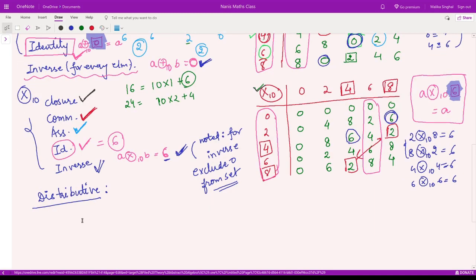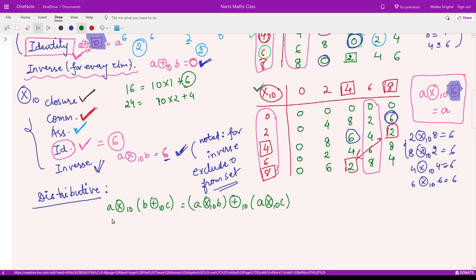The distributive property in this case would be A multiplication modulo 10, B addition modulo 10 C. This should be equal to A multiplication modulo 10 B plus, sorry, addition modulo 10 A multiplication modulo 10 C. They both should be equal.